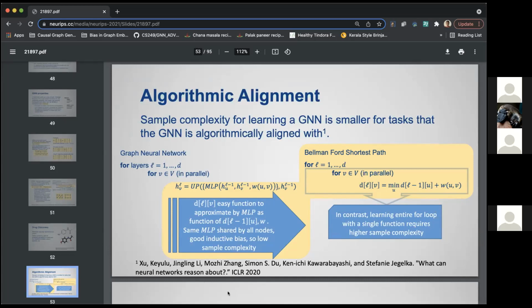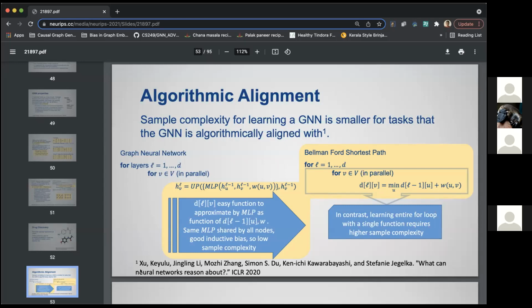Oh yeah, sure. I think I presented the follow-up to this one previously, and the idea is that if you're using the same kind of knowledge as the true algorithm in your GNN, then the GNN is better able to learn the true algorithm. Here, you can treat each of the features as this DLV or DLU.